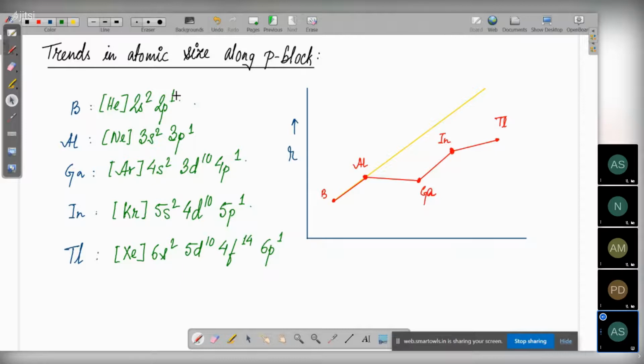So why is it so? Why do aluminium and gallium have a similar size, when we expected gallium to be larger than aluminium? What do you think the reason should be?